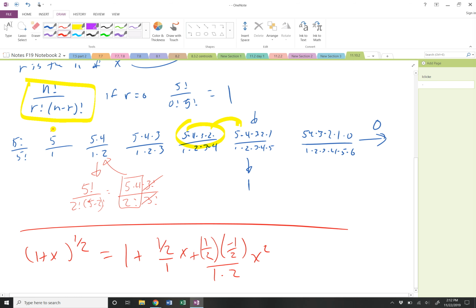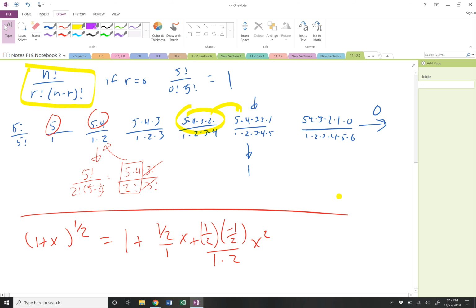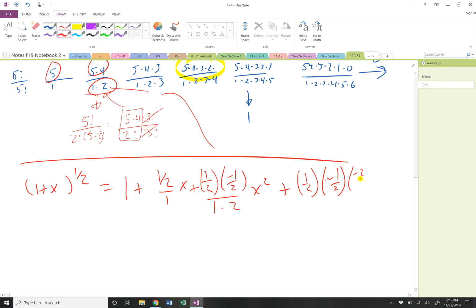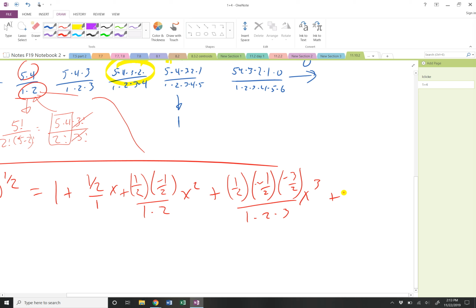In the same way that we had the power and then the power times the power minus 1, Isaac Newton tries the same thing, and it's divided by 2. And then the power times the power minus 1 times the power minus 2, over 1 times 2 times 3, x cubed. And you get the idea.